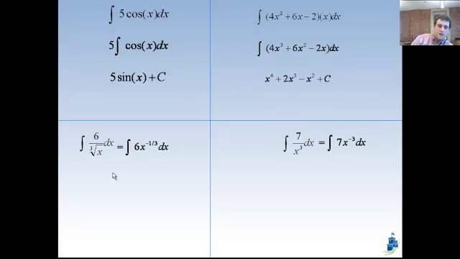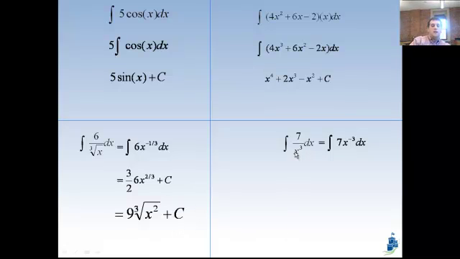So that gives me x to the 2/3, and then we multiply by the reciprocal, which is the same as dividing, and that gives me 3/2 out front. 3/2 times 6 is 18/2, or 9, so I have 9x to the 2/3, or 9 times the cube root of x squared, because the 2 becomes the exponent inside, and the 3 on the bottom becomes the cube root. Don't forget about your plus c.